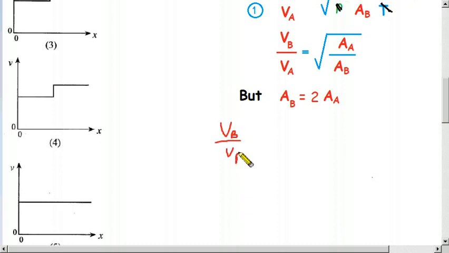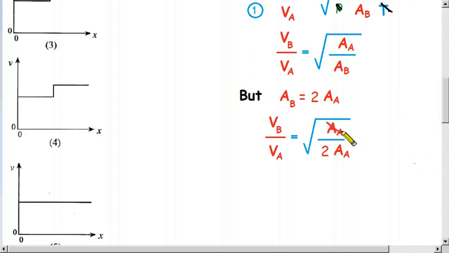Now let us substitute into the above equation. VB divided by VA equals root of capital A small a divided by, instead of area of B, we can write 2 times area of A. Now let us cancel this A, and we get VB divided by VA equals 1 divided by root 2.